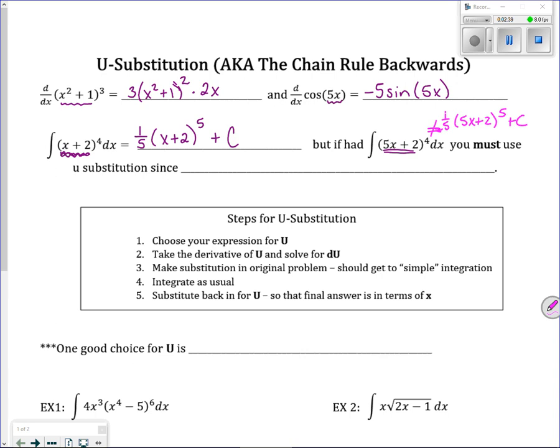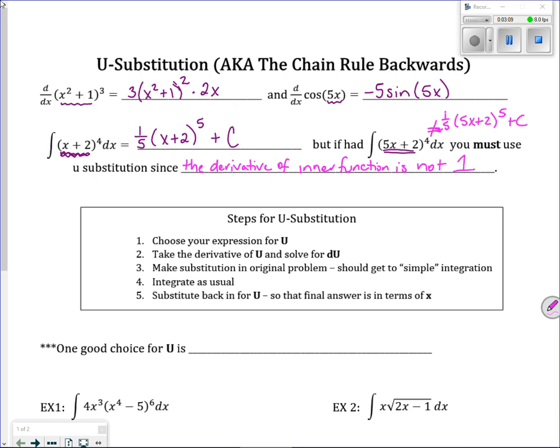You have to use substitution since the derivative of the inner function does not equal 1, or is not 1. I'll say it that way. If the inner derivative is 1, straight power rule will work. So I want you to recognize when you have to use u sub versus you can do it the fast way, because timing is a big deal.